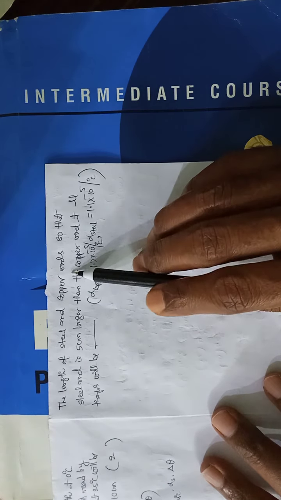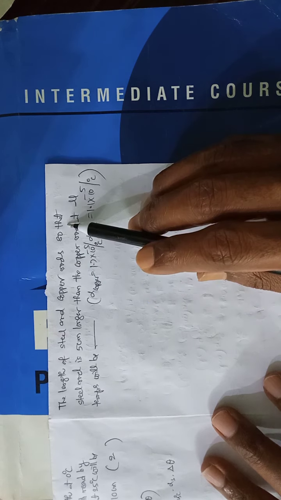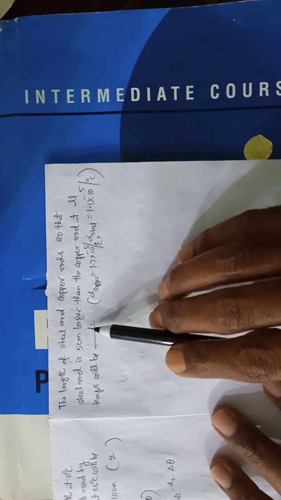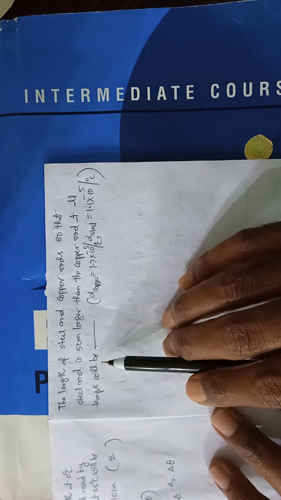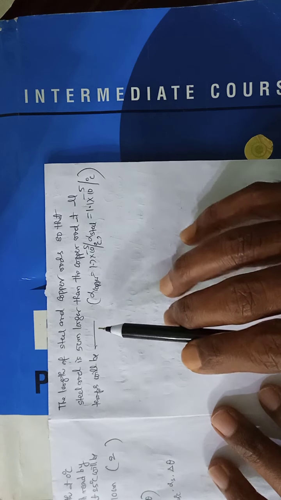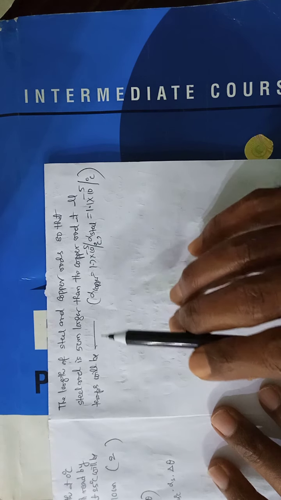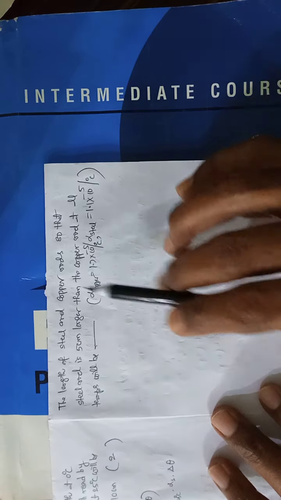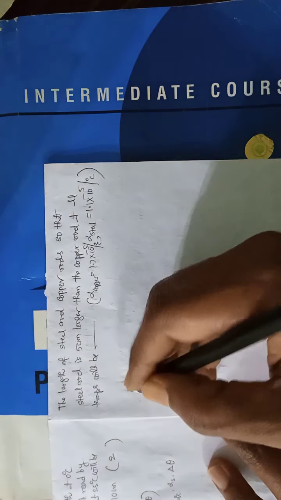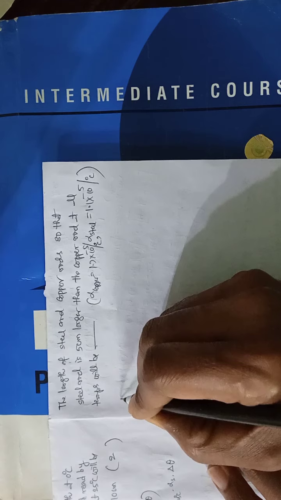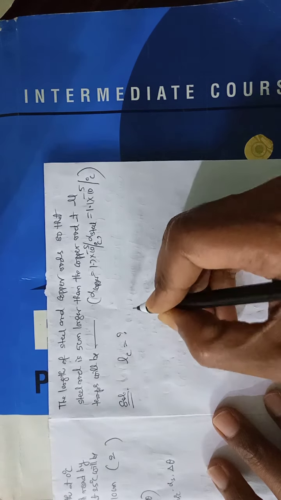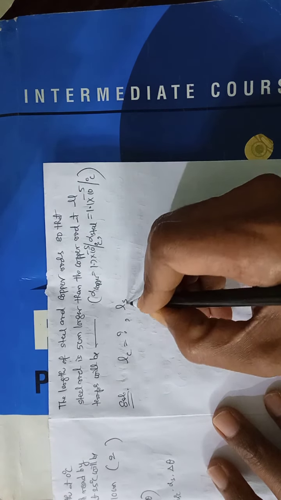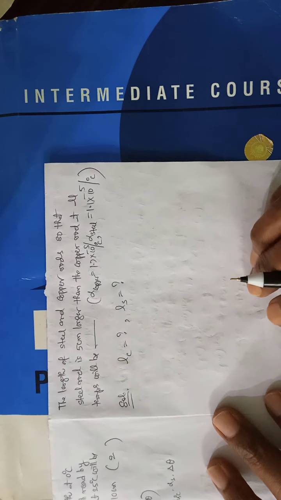The length of steel and copper rods, so that steel rod is 5 centimeter longer than copper rod at all temperatures. So in this problem, the individual lengths of steel and copper rods are asked, that is, copper rod length how much and steel rod length how much.